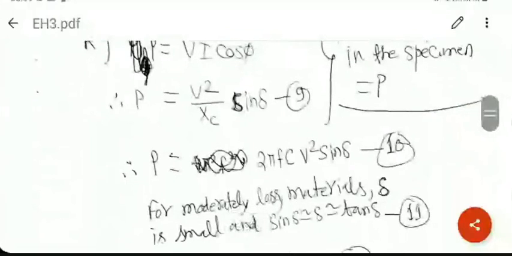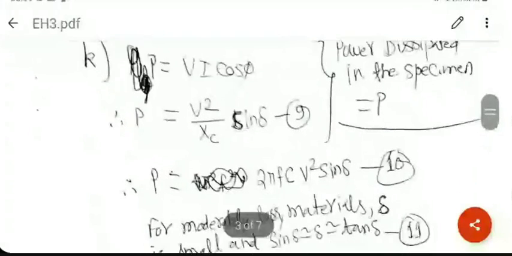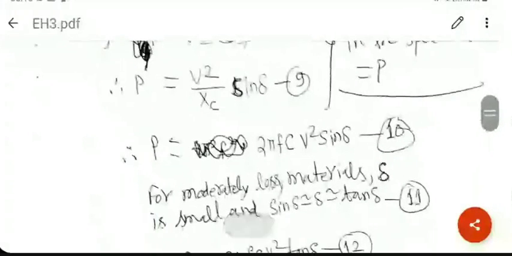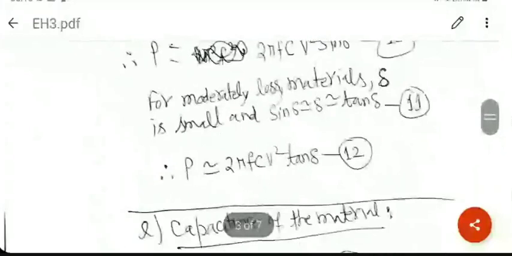And XC is 1 upon 2 pi f C. So I use that to come to equation 10. So the formula for power dissipated is 2 pi f C V square sin delta. And sin delta is approximately equal to tan delta, so many people use this formula, equation 12. Tan delta is given to you normally in the problem itself.